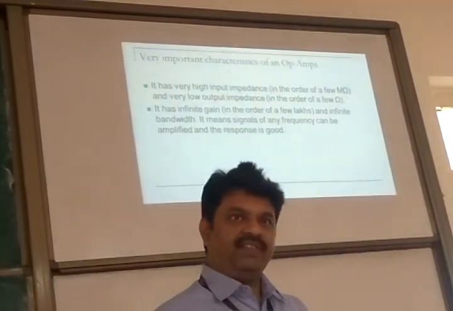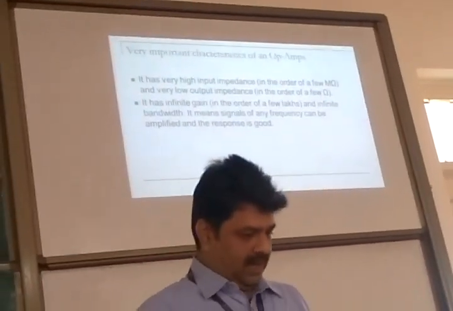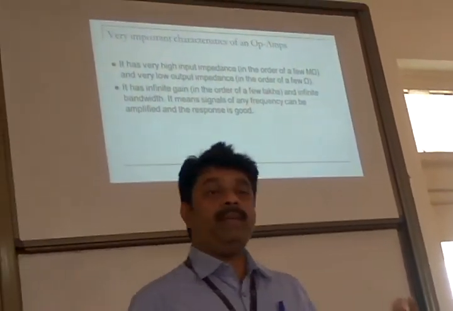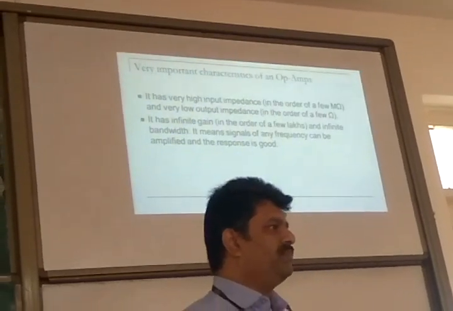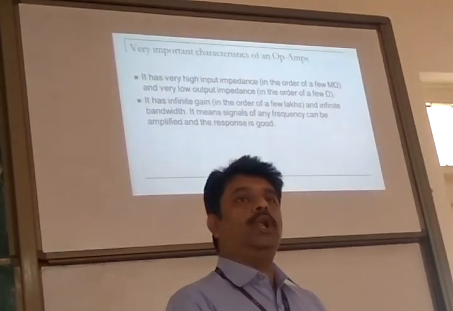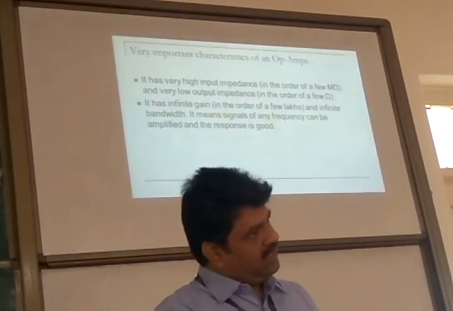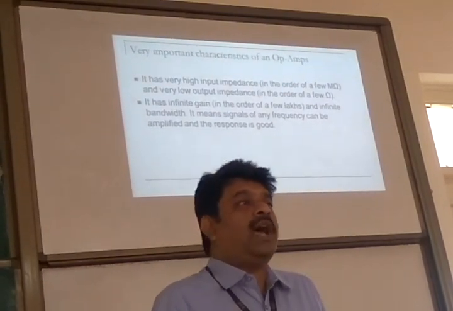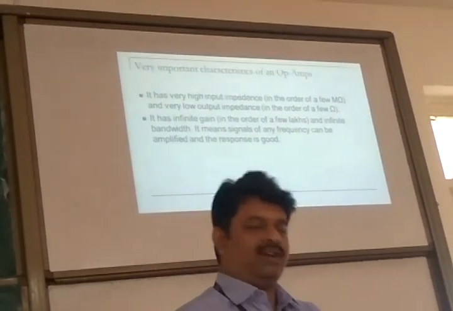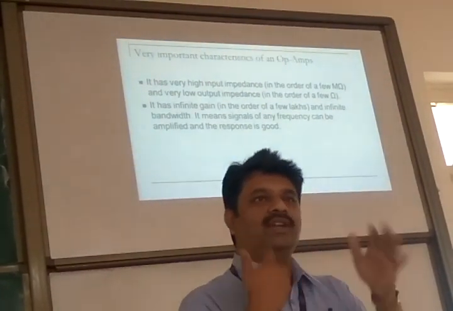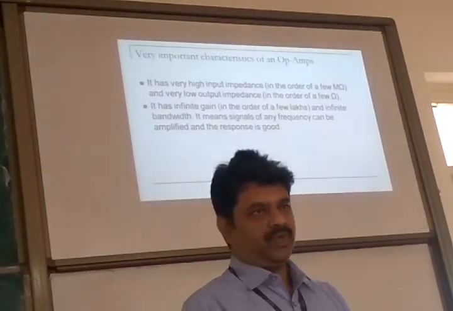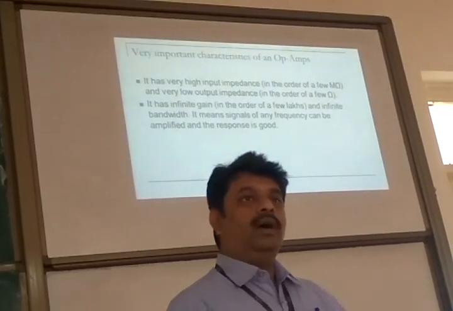The same thing will happen in an electrical circuit when a feeble signal like a transducer output is connected to a low impedance device. What does low impedance device mean? I don't have any big resistance for the current to flow. Whatever current flows to my circuit, my circuit will lead away all that current.